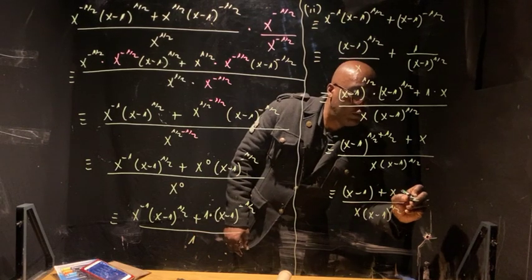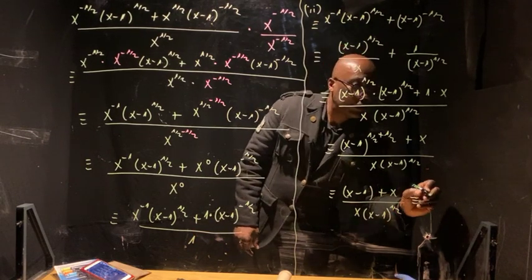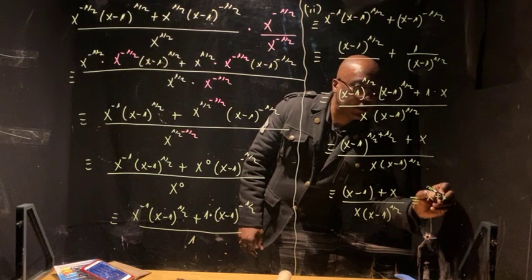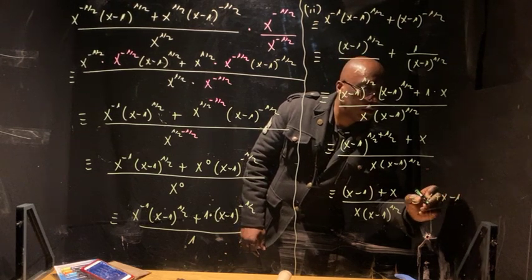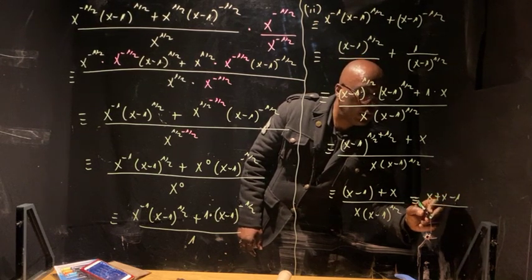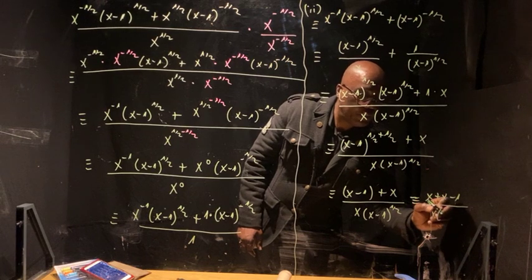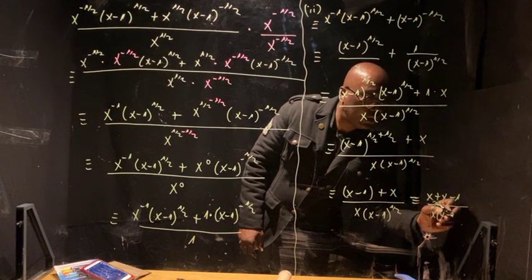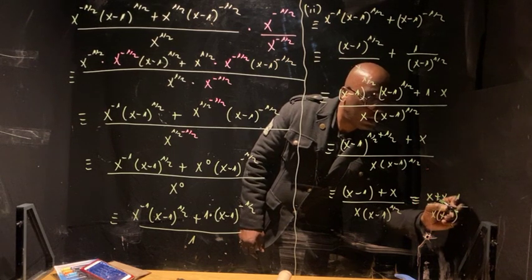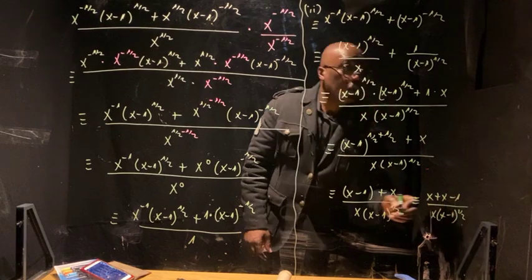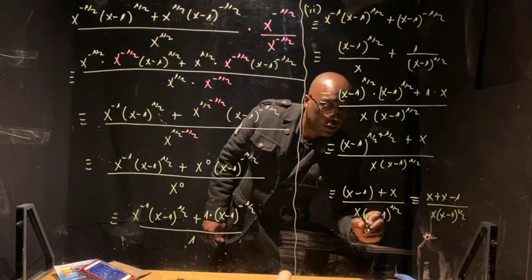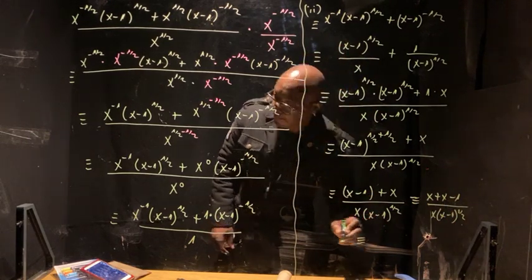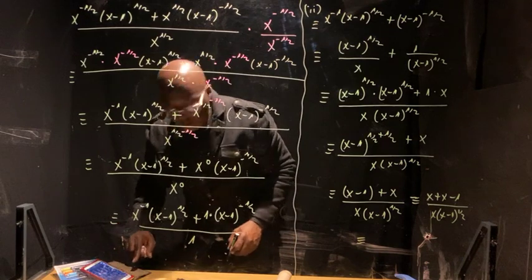Then you have x plus x minus 1 over x multiplied to x minus 1 half. Then you are left up with, is there any space? Yeah.